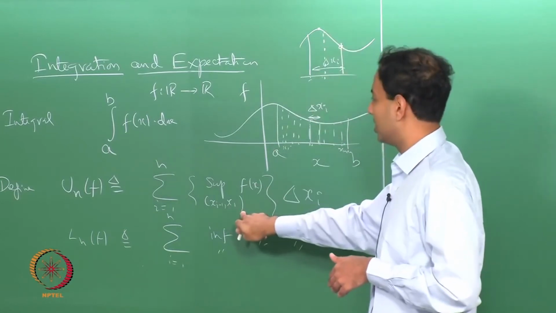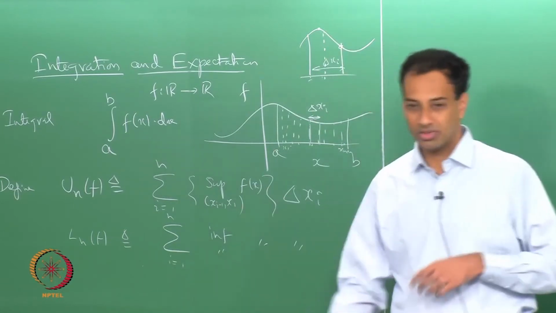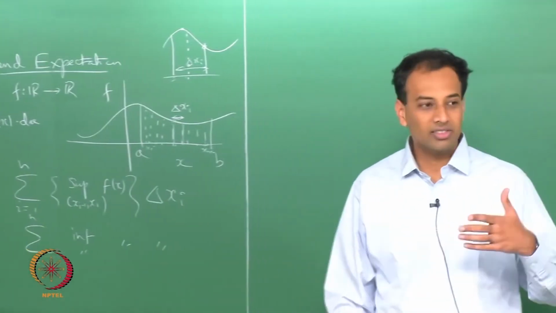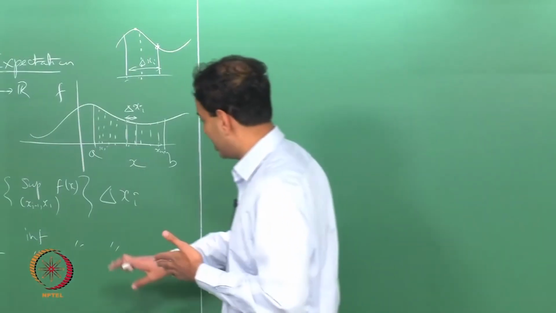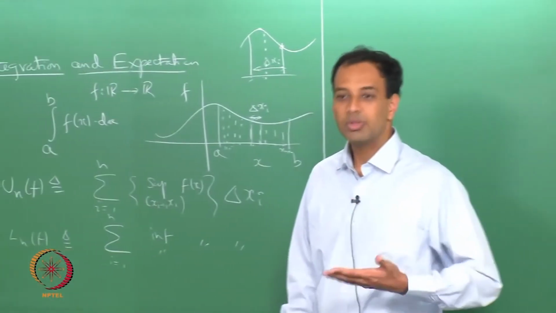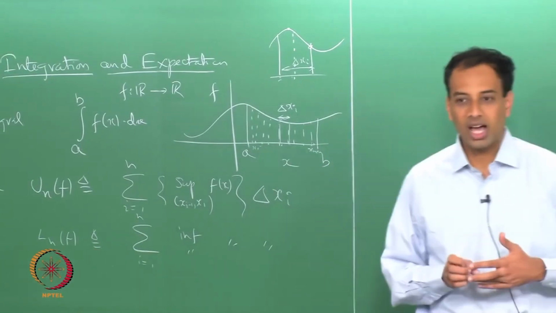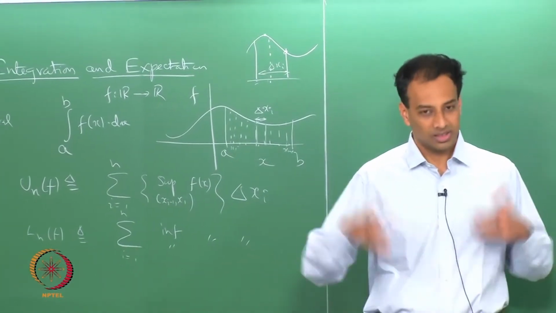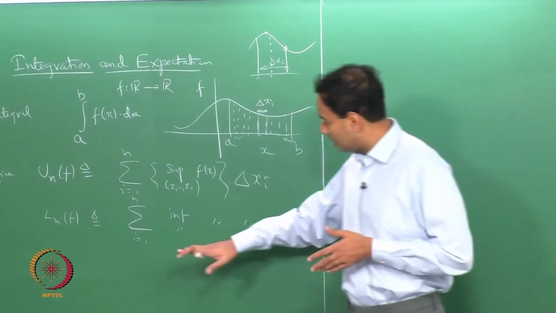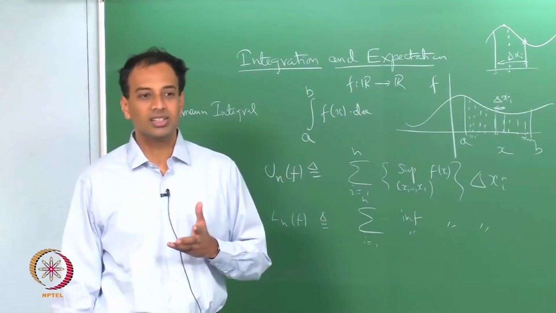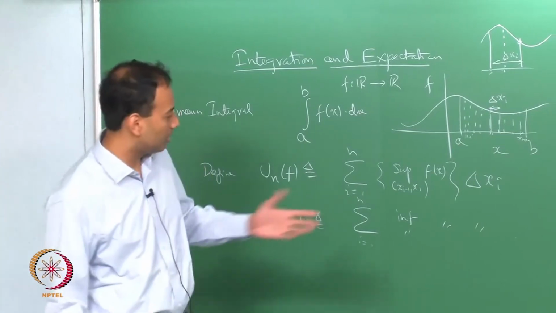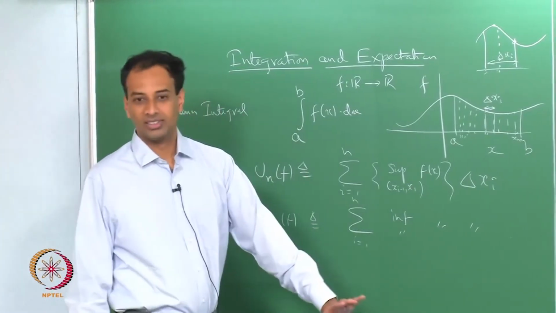So, when I do the upper Riemann sum with a finer partition, I get a value that is smaller, at least no bigger, right. And similarly for the lower Riemann sum, as n becomes bigger and the partition becomes finer, I will get a larger value. So, the lower Riemann sum can be shown to be a monotonically increasing sequence and the upper Riemann sum is monotonically decreasing. Okay.